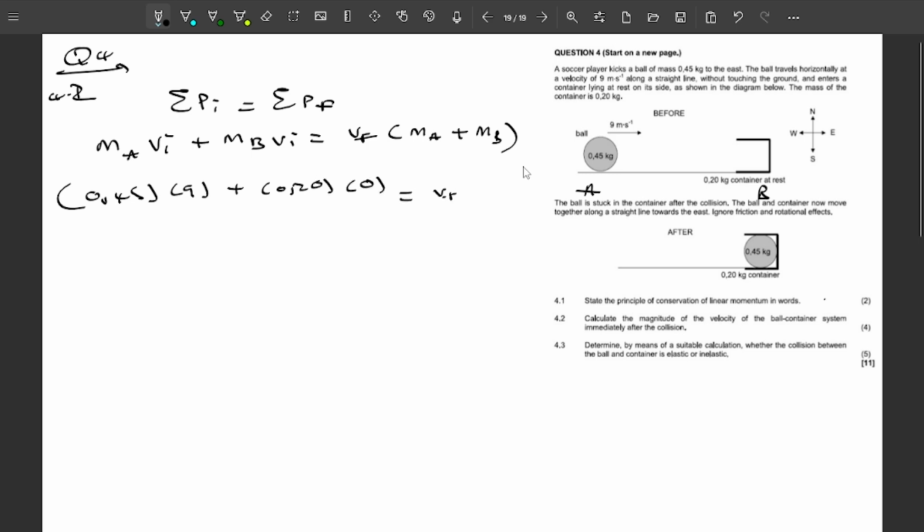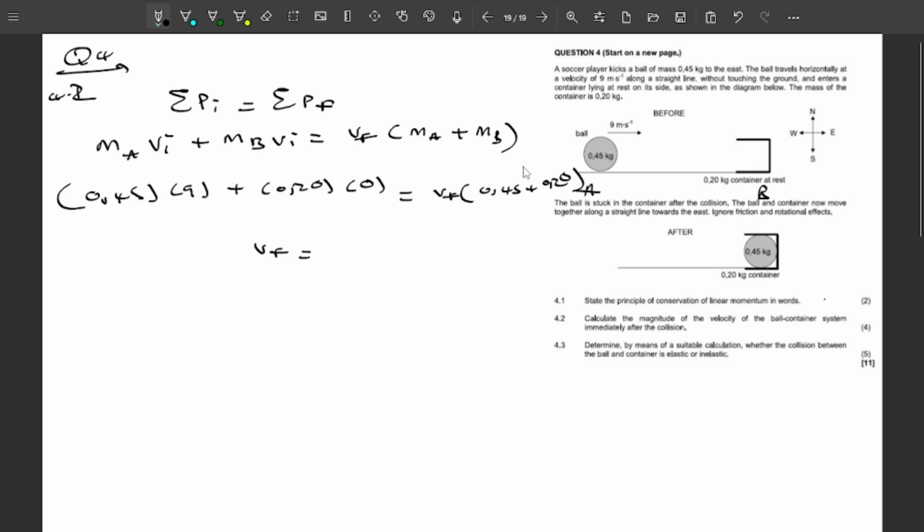Now the V final is what we are looking for, and the masses together are the sum of both of the masses. It's going to be 0.45 plus 0.2, which is 0.65.